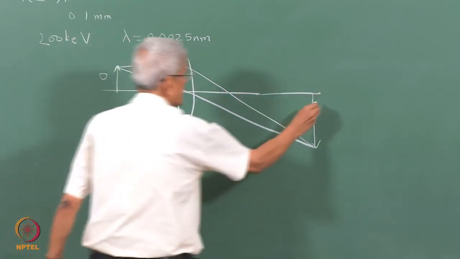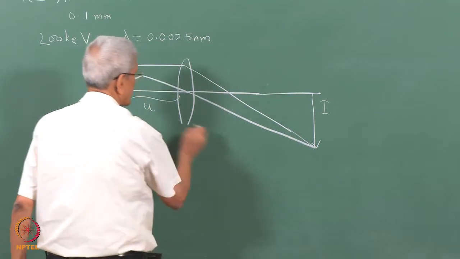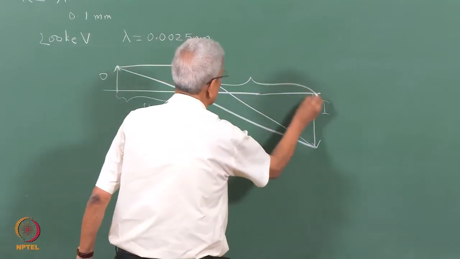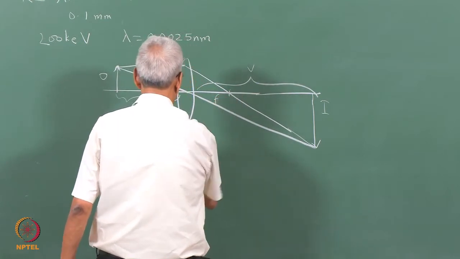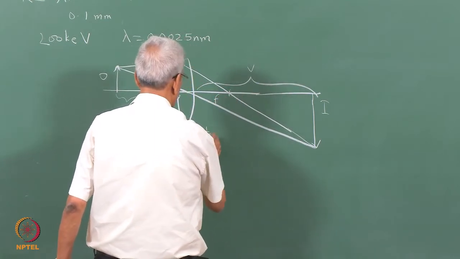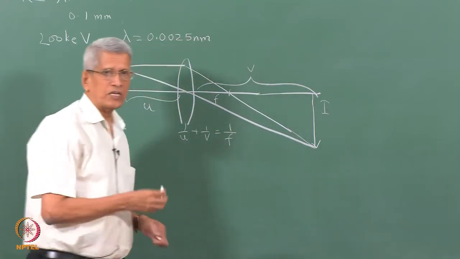This is the object, this is the image. If this distance is u and this distance is v, and the focal length is f, we know 1 by u plus 1 by v equals 1 by f. This is the formula which we use to construct that image.